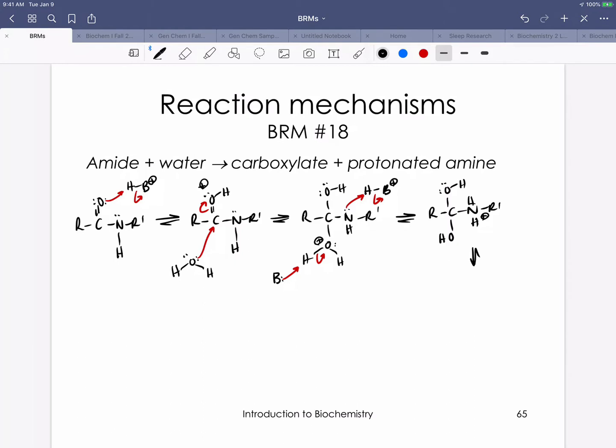So now we can have decomposition, essentially regenerating a carbonyl here, departure of our protonated amine, which is now a good leaving group. Generates this carboxylic acid here.